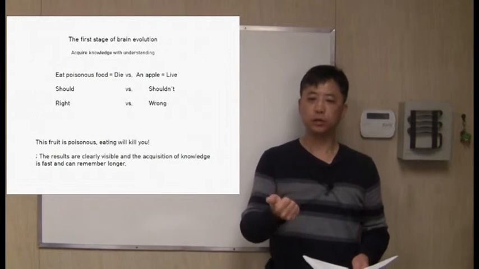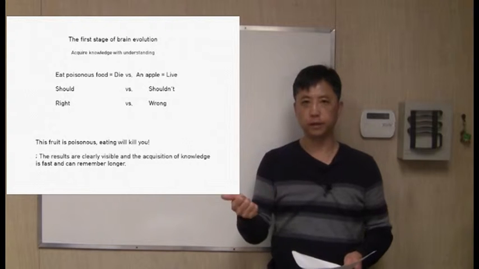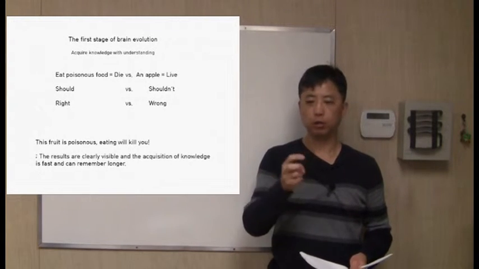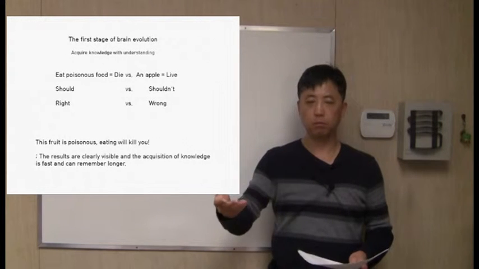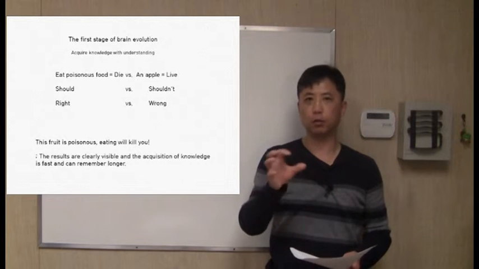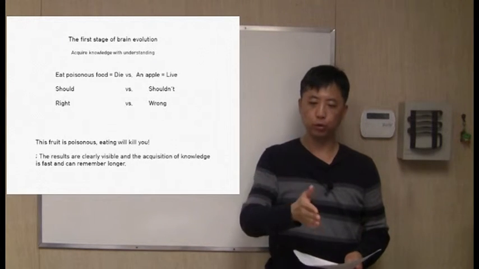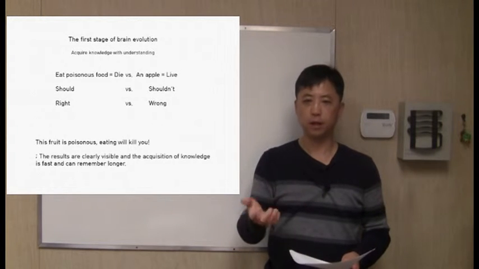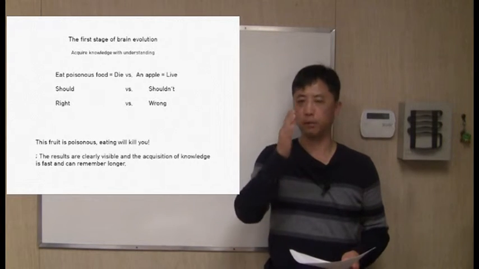Together with this survival-based learning, there is another thing: the way the brain determines what to do based on should and shouldn't, right or wrong. All these things happen right here, just like black and white.